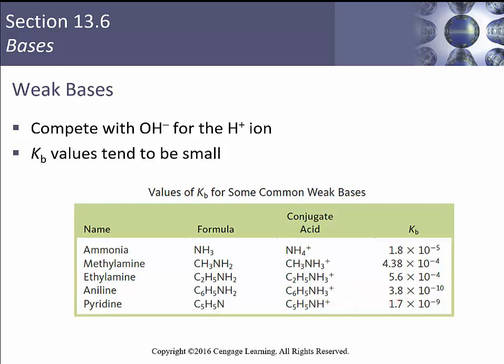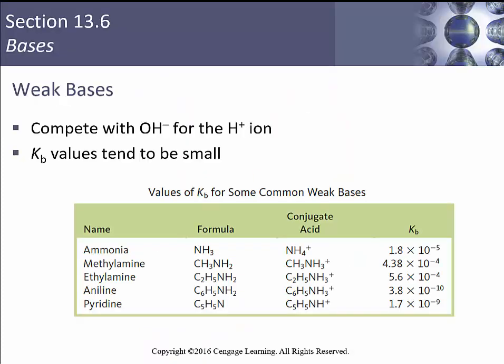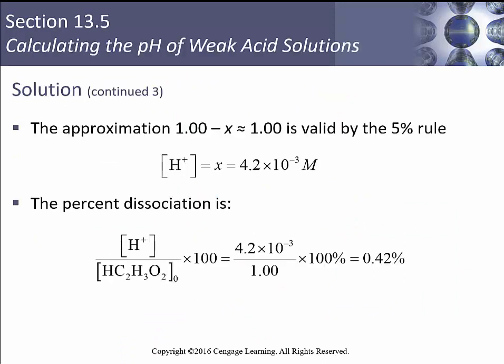So remember what our relationship between Ka and Kb is. If we look at Kw, Kw is tied into the autodissociation of H plus and OH minus. Kb is producing OH minus, and our Ka is producing H plus.